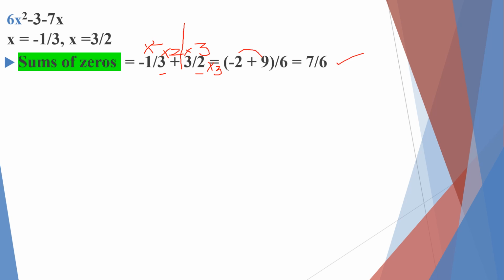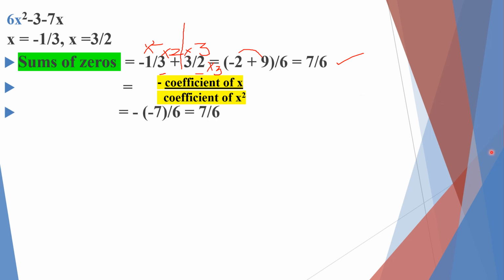We are going to substitute in the formula and check whether, in the given equation, we are getting the sum of the zeros as 7 by 6. So what is the formula here? Minus coefficient of x divided by coefficient of x square.